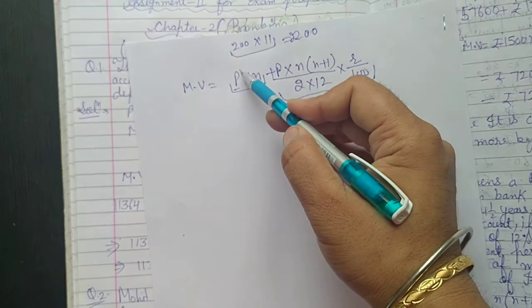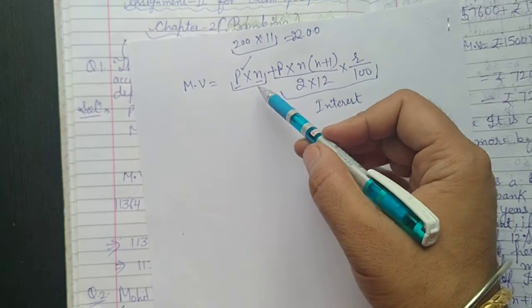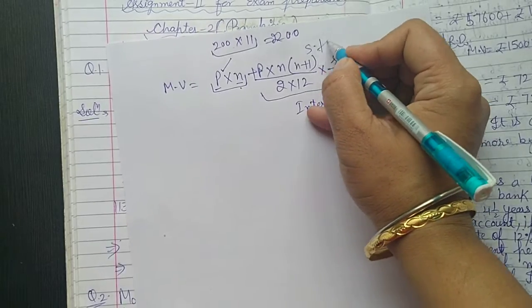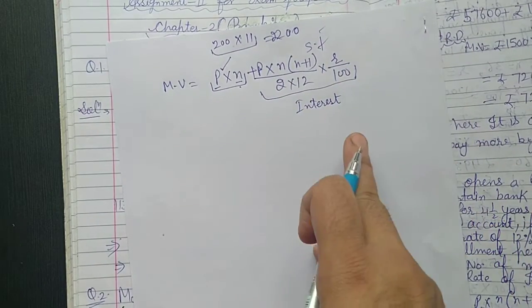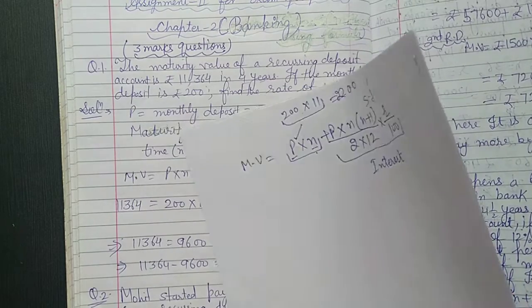So P is the value which you deposit in the bank, N is the number of months, and this one is simple interest. So in every question this formula will be applied. All the questions are based on it.